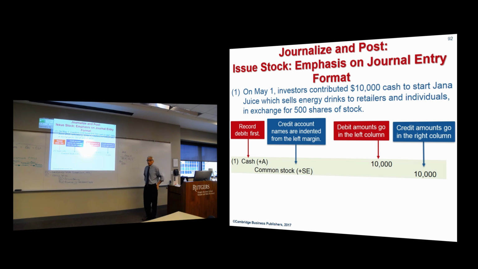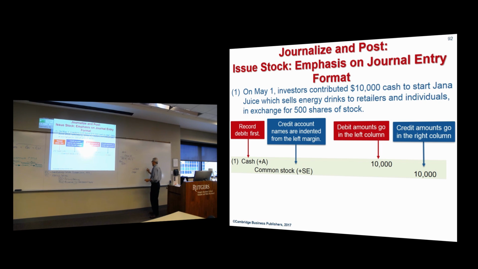And I'm going to be reading these things, or if I have somebody grading them, that's what they'd expect to see. And there's the other thing too. You got to give me credit for this. You set up this entry, and you got cash this way, and you got common stock like this. The wrong way. You indent the wrong one.